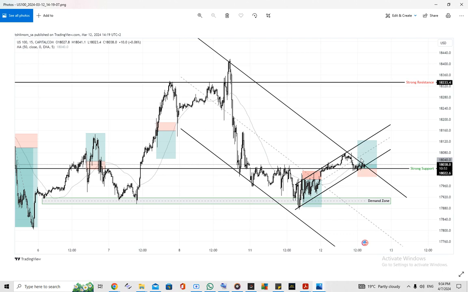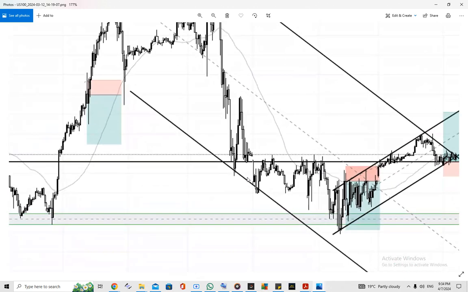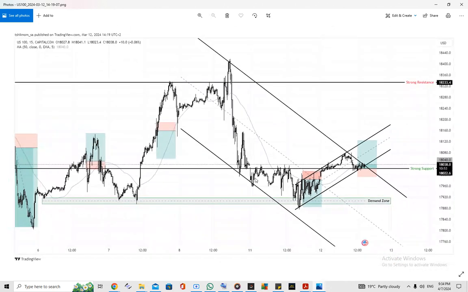So I drew this descending channel, but it's a compromised channel, because this level acted as support, but actually it's not really acting as support because price is not respecting this level that much.